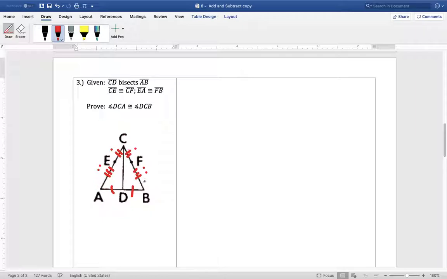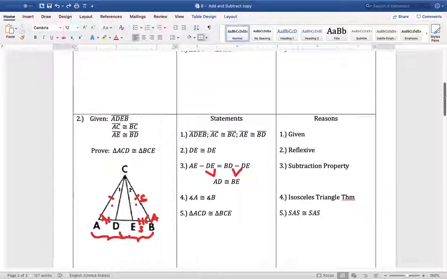That gives you CA congruent to CB, and then you could use reflexive. Once you get the triangles congruent by side, side, side, you could then say this thing is congruent, and the reason is called CPCTC, and all that means is since the triangles are congruent, all of their matching pieces are now congruent. So that's just something to know, and I could always show that to you in person, but it's really not a difficult thing. This is one step past the actual proof.